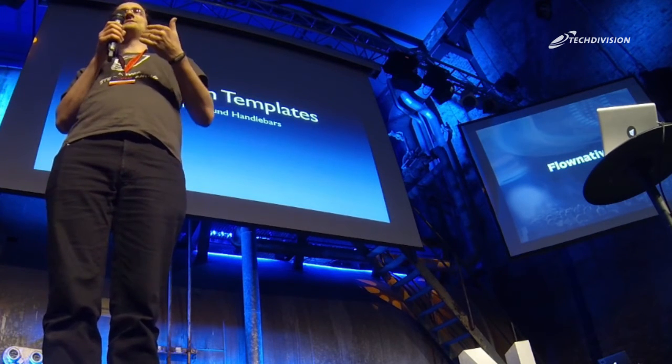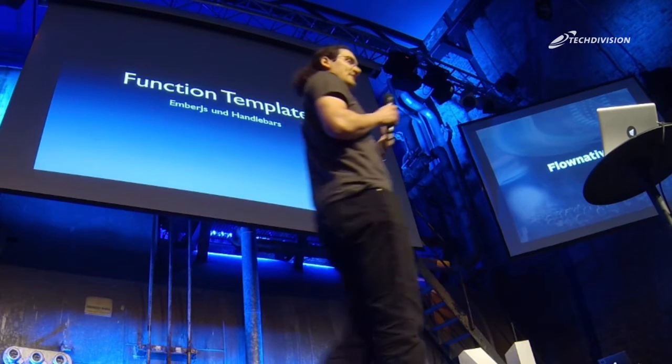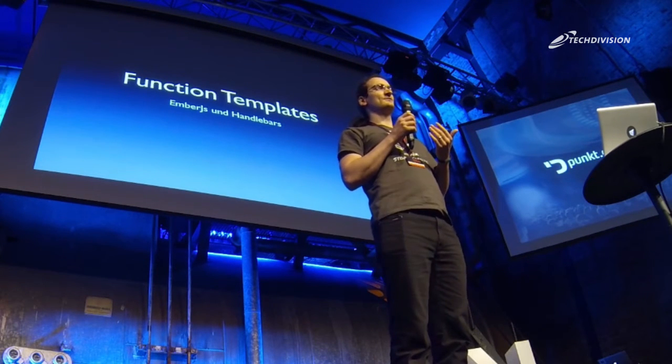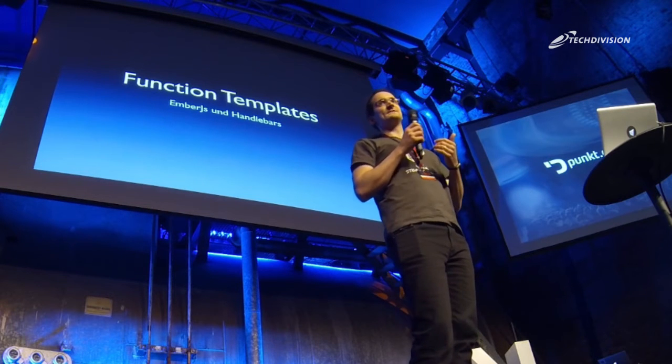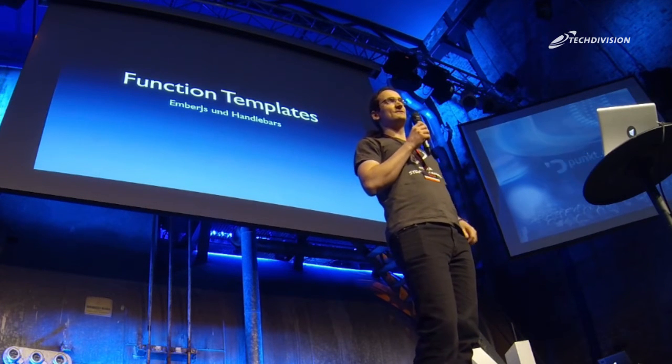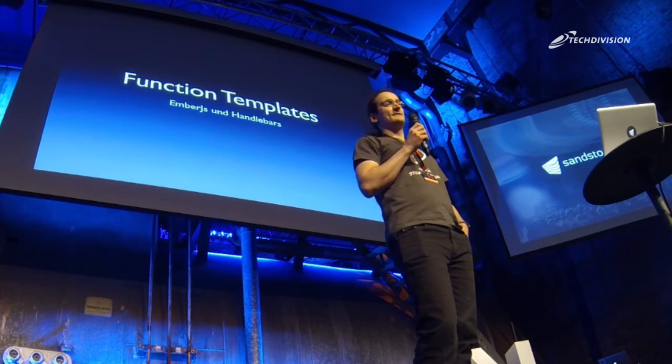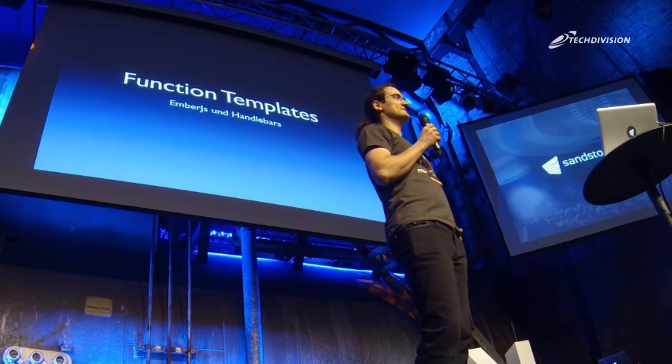So you produce some data, which you could then use in your template to render your output. And this is a good thing because it's separation of concerns, but sometimes it isn't.